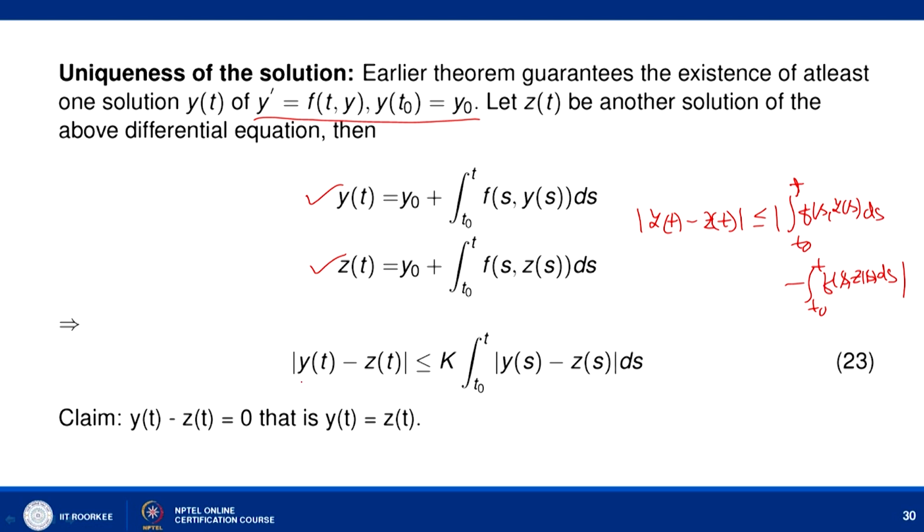So, modulus of y(t) minus z(t) is less than or equal to k times the integral from t naught to t of modulus of y(s) minus z(s) ds. Now, we want to show from this inequality that y(t) is identically equal to z(t). So, we want to show that y(t) minus z(t) is basically 0.